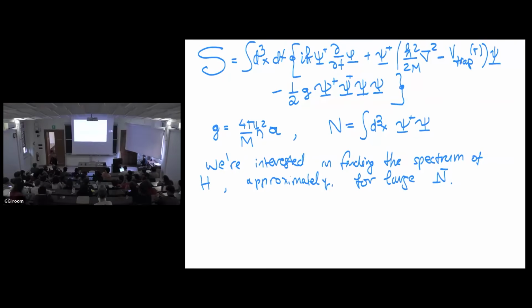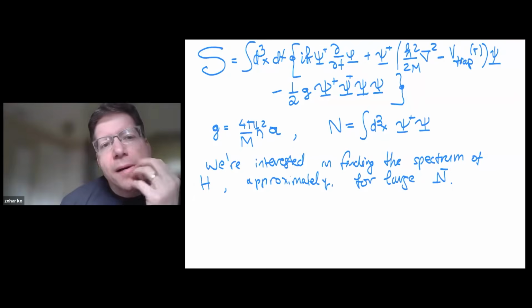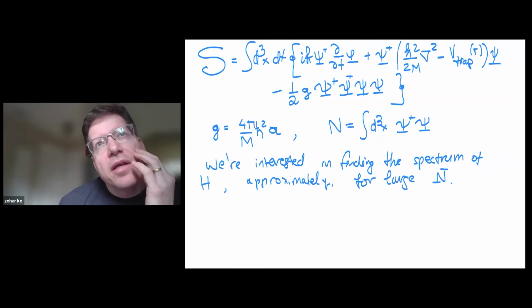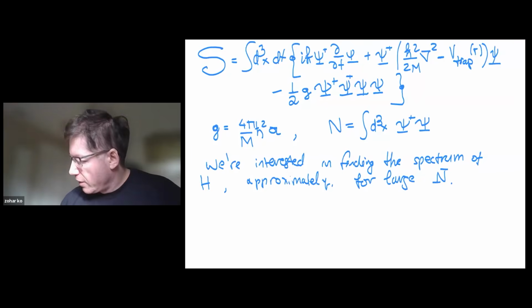Hi. So if the bucket is large and it can contain this really large n, but it is large with respect to these n's, does it mean that we would then interpret the trap potential as a boundary condition on the field? Yes. You can get rid of this trap if your trap is just a container like that.